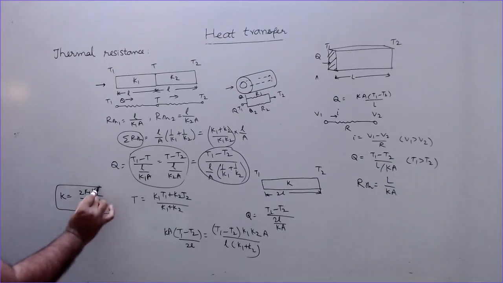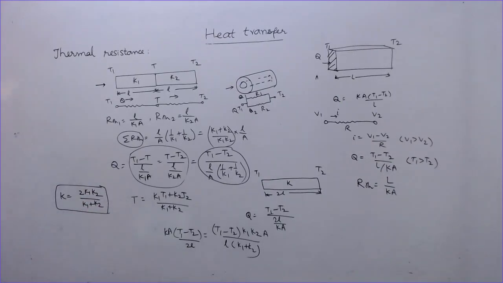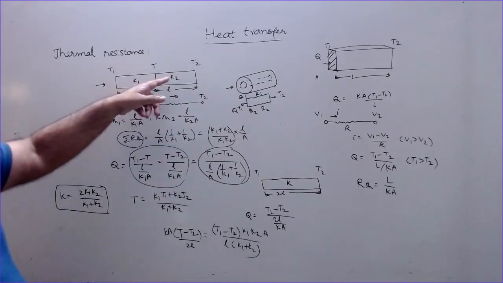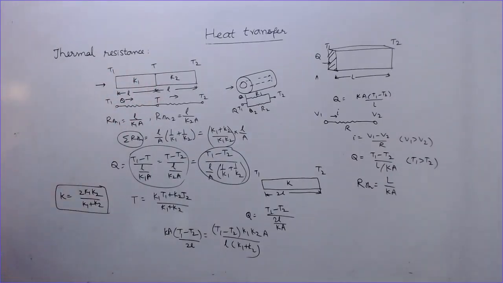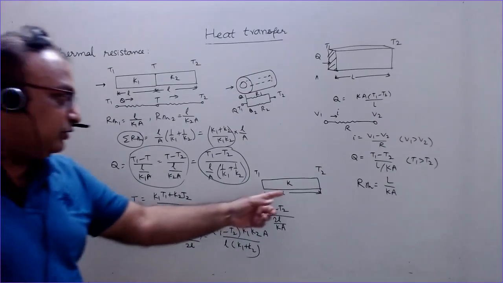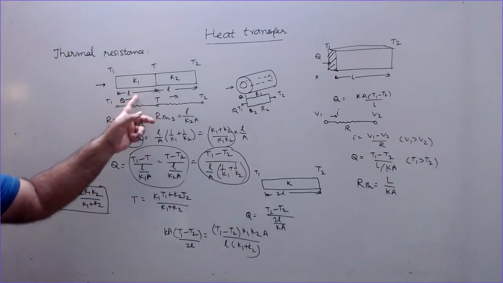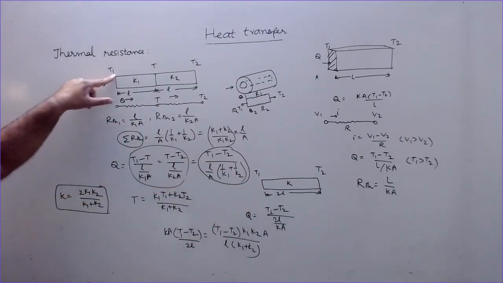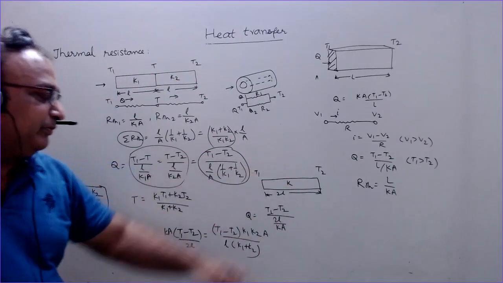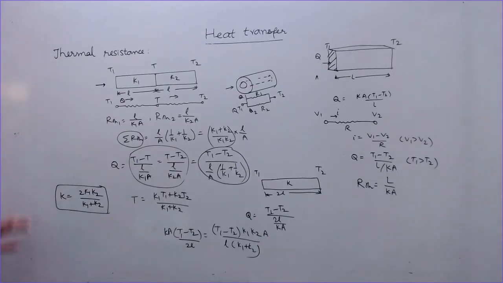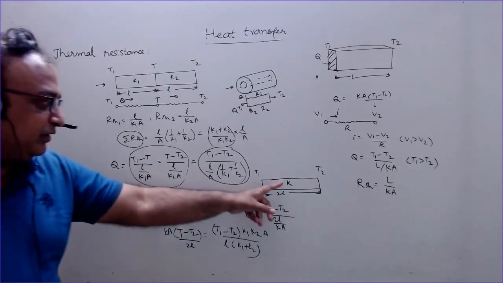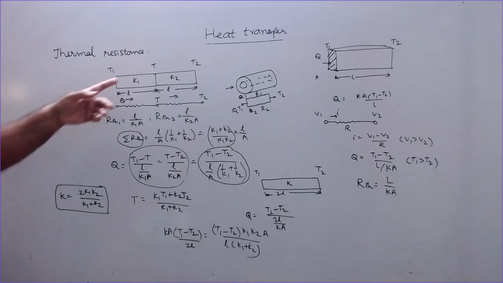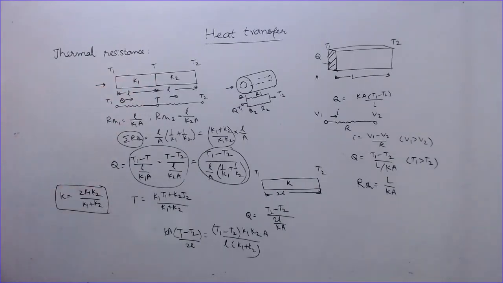This is called equivalent thermal conductivity. So if I replace these two, having lengths L each, by a bar of length 2L, same area of cross section as here, and the two ends maintained at same temperatures, then the thermal conductivity of this, which is equivalent to this system, will be given by 2K1K2 upon (K1 plus K2).